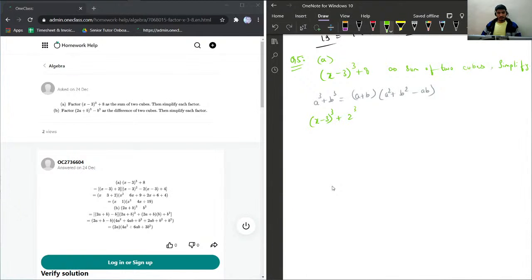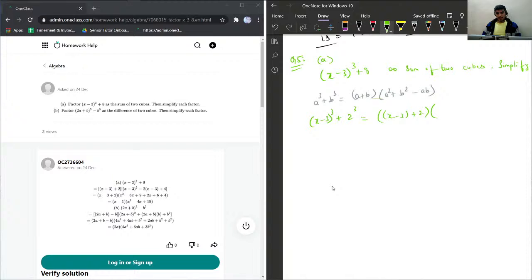So the first part of this question is the sum of two cubes. We have successfully written (x − 3)³ + 8 as the sum of two cubes. Now we are going to simplify this using the identity. I will write a as x − 3 and b as 2.